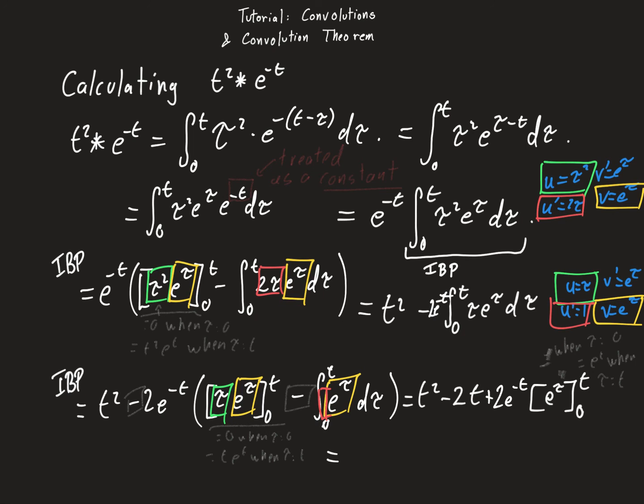And what that's going to leave us with is t squared minus 2t plus, when tau is equal to t, we're going to have two exponentials that cancel each other out, and that's just going to give us 2. Minus 2, when tau is equal to 0, this gives us 1. And so we get minus 2 times e to the negative t. And we are done. That is it with the problem.